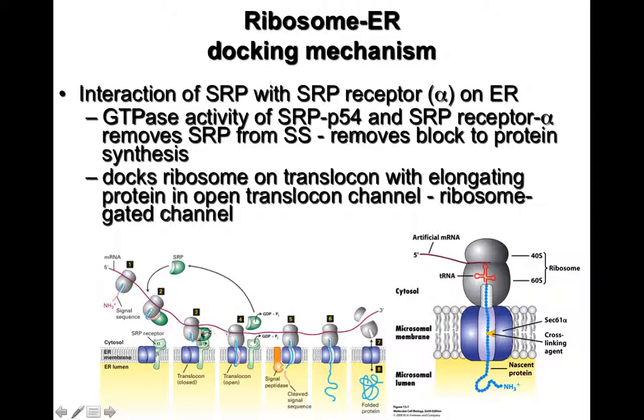Once the ribosome docks to the translocon, the SRP detaches and leaves, and this causes the translocon to open up.